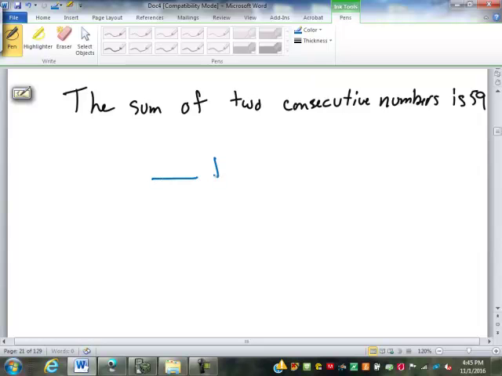So I'm going to take these 2 numbers and I'm adding them together to get 59. Well, how do I represent the 2 numbers? Well, you want to jump in and solve it, which is fine. You could do that and you get the answer. But I want to put it into an equation here. The 2 numbers, one's going to be smaller and one's going to be larger.